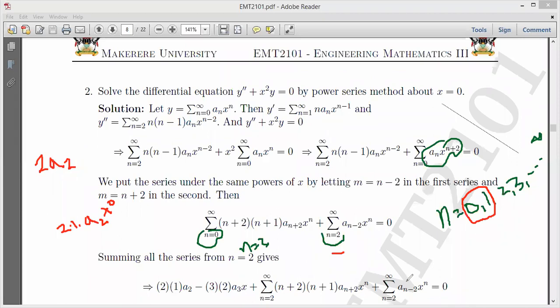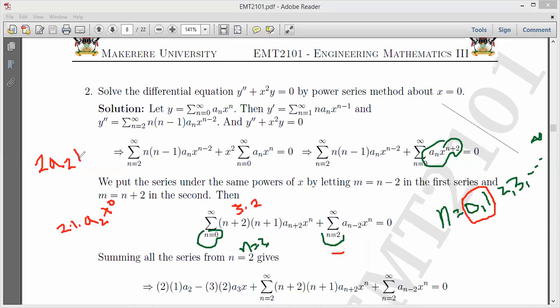Then we substitute 1. When we substitute 1 here, what do we have? This is a 3, this one here. When you substitute n is equal to 1, that will be a 3. We multiply a 3 by a 2. Hopefully we are together, guys. This will be a 3. This will be a 2. 3 times 2, that will be 6.